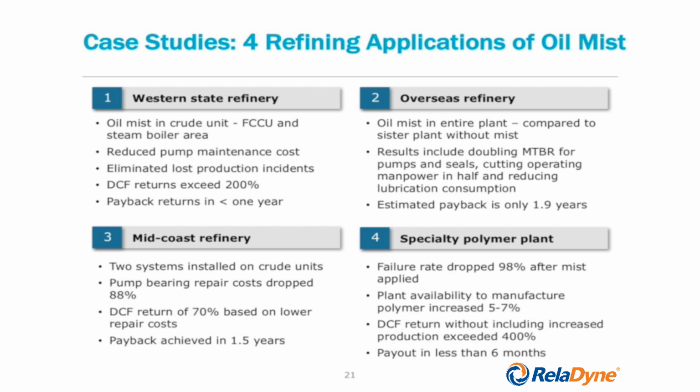That is a very, very sizable amount of increased production, which is directly applied to the bottom line as profits. The 4th point on case history number 4 is that the discounted cash flow returns without including increased production exceeded 400%, and the payout was less than 6 months.